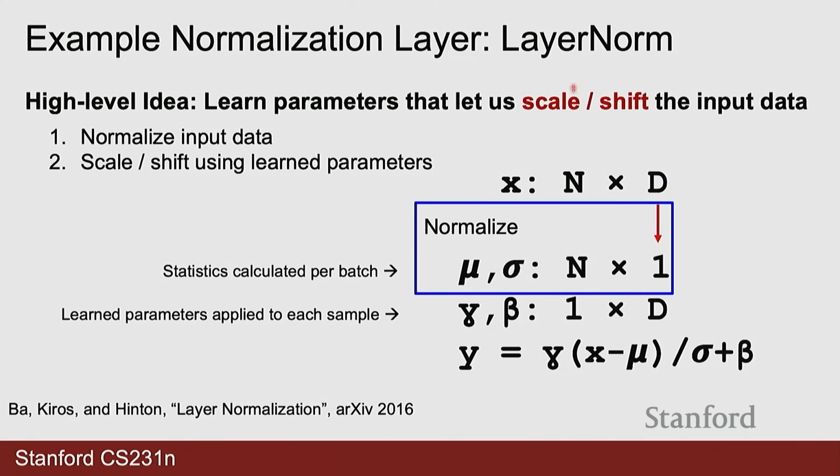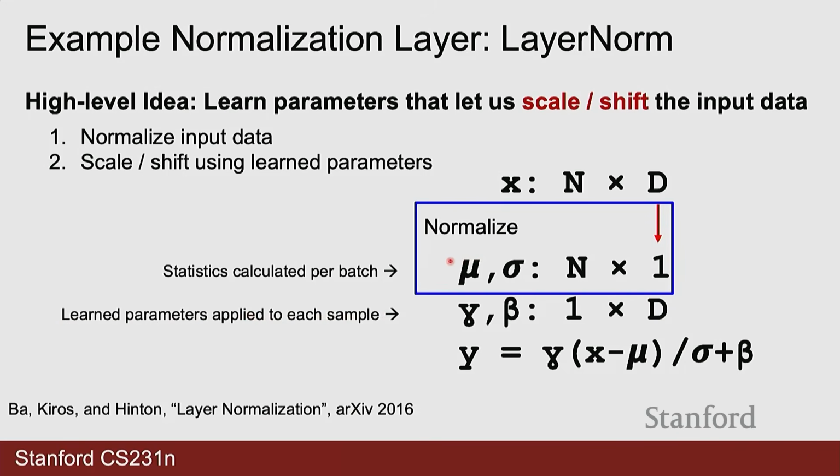What layer norm does is we calculate a mean and standard deviation for each of our samples separately. So we're calculating the mean along the depth or the dimension d here, and the standard deviation. Then we learn parameters, learnable parameters learned via gradient descent in our model, to apply to each sample.